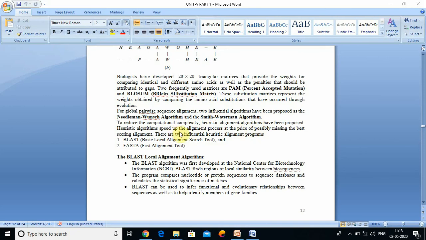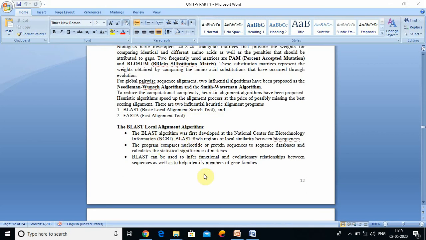Heuristic algorithms speed up the alignment process at the price of possibly missing the best scoring alignment. There are two influential heuristic alignment programs. BLAST stands for Basic Local Alignment Search Tool, and FASTA, Fast Alignment Tool.